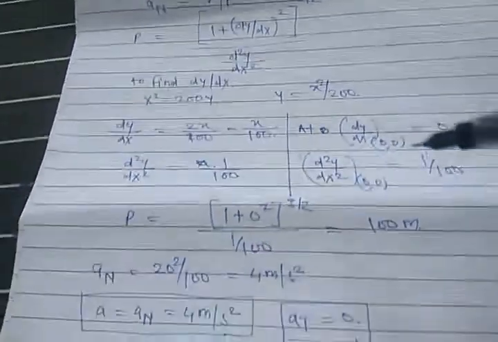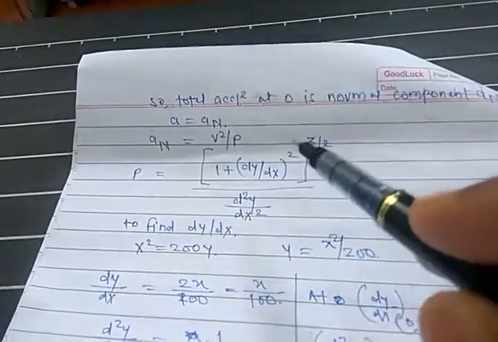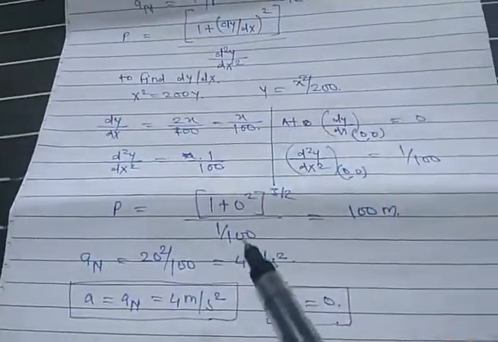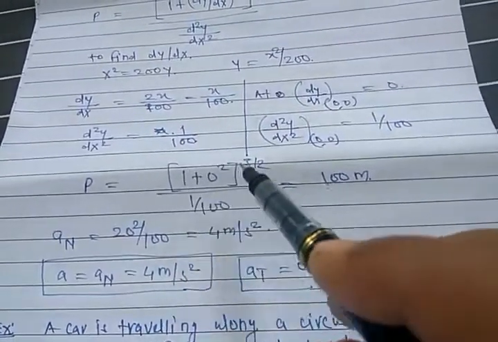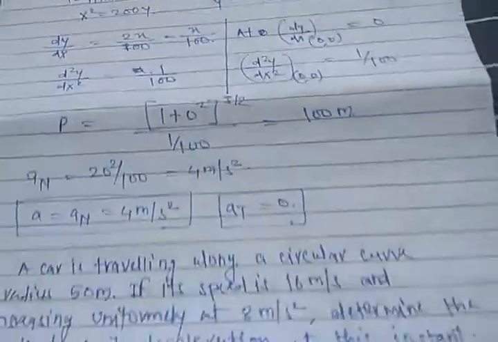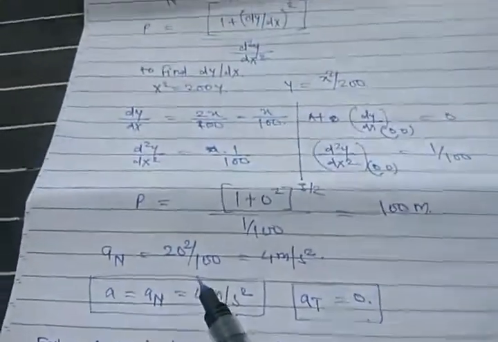So rho is equals to, put these values here, 1 plus 0 square whole raised to power 3 by 2 upon 1 by 100. So this is equals to 100. So an is equals to v square by rho.